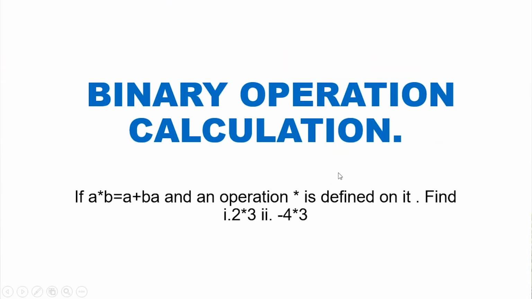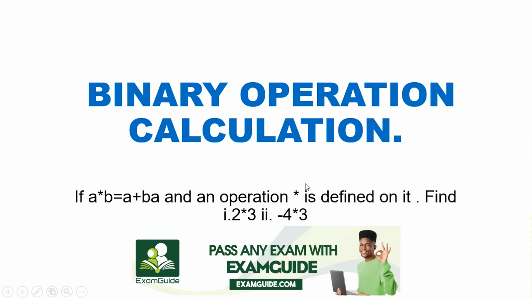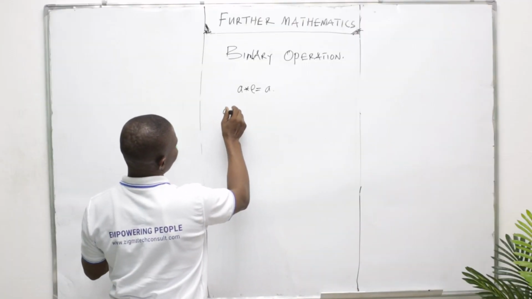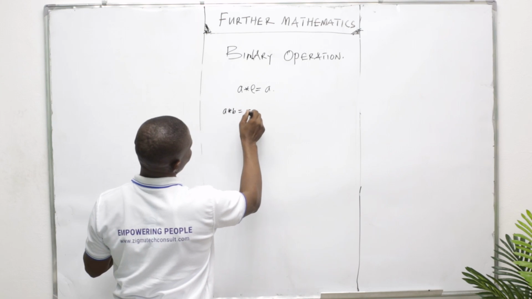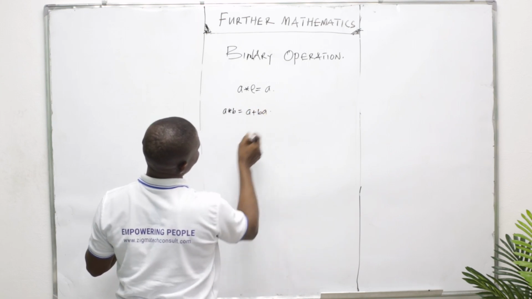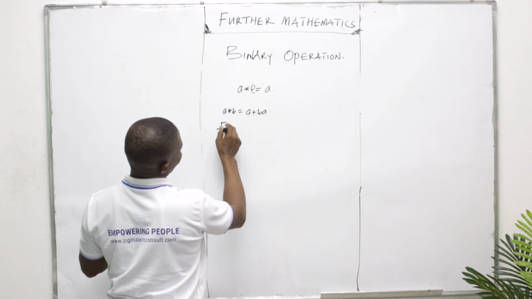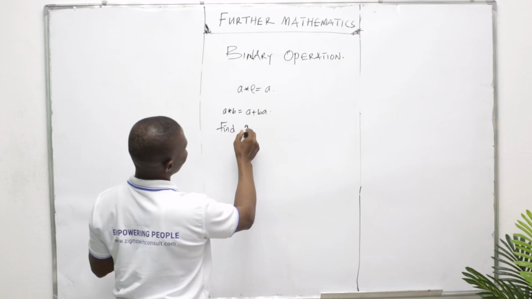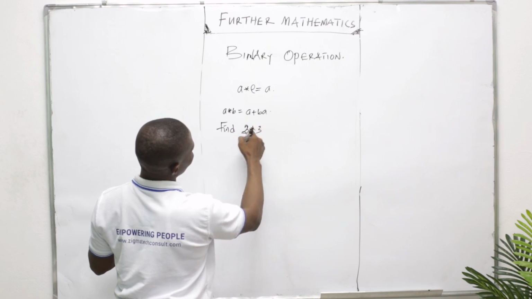Like we'll have inverse element. If A operating on this equals A plus BA, and an operation, this is the find on it. Find 2 operating on 3. As we have A operating on B to be what? A plus BA. Find what? 2 operating on 3.